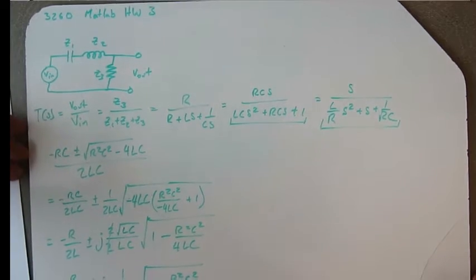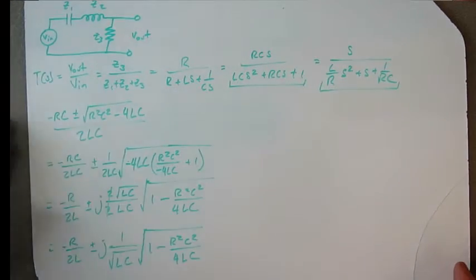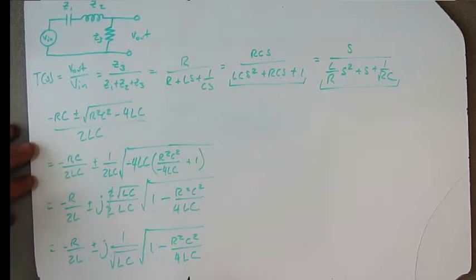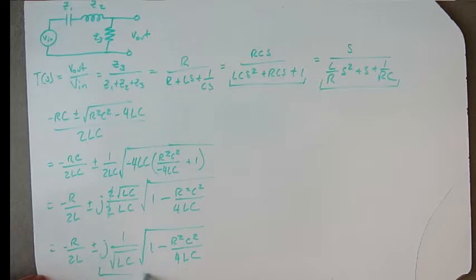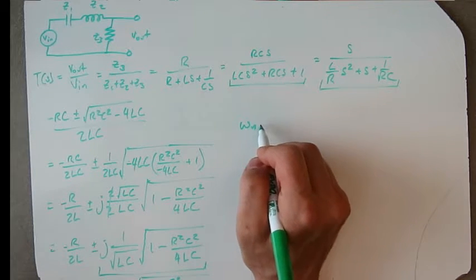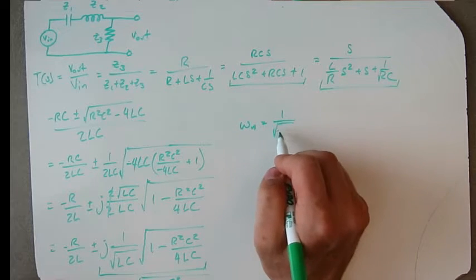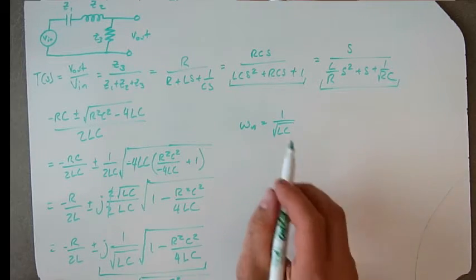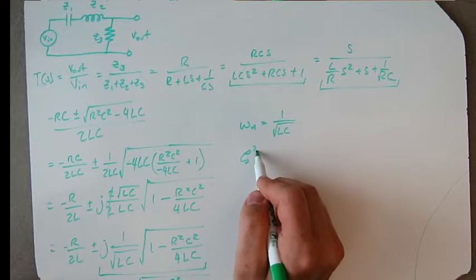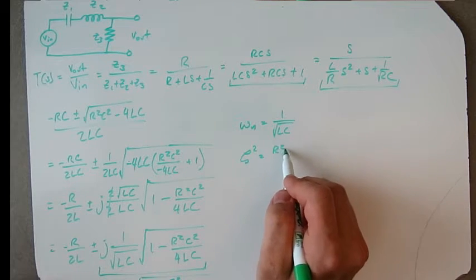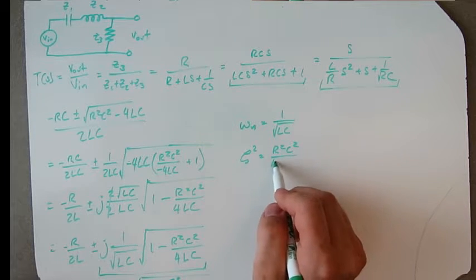Pull it up here. Alright, so there we go. And this section looks very much like j omega n, and looks exactly like 1 minus zeta squared. Sweet. So what this means from here is that omega n equals 1 over square root LC, and then zeta squared equals R squared C squared over 4LC.